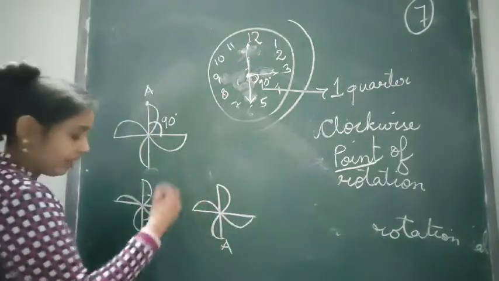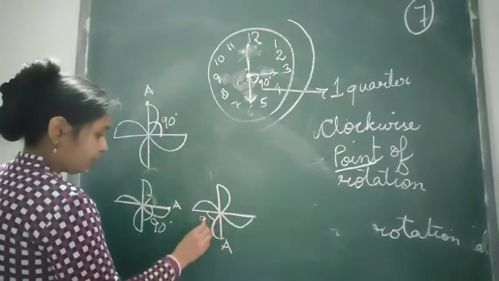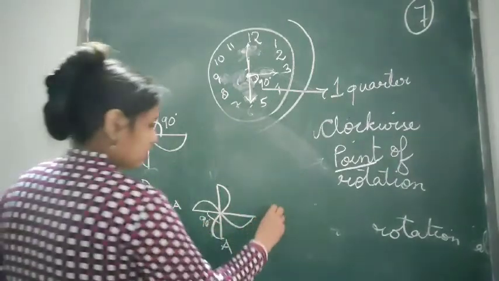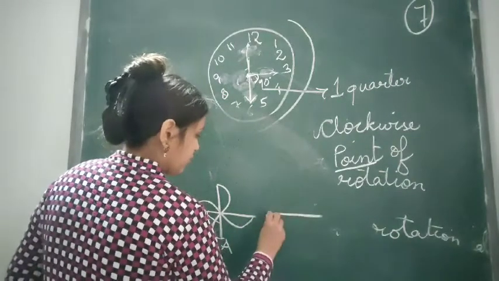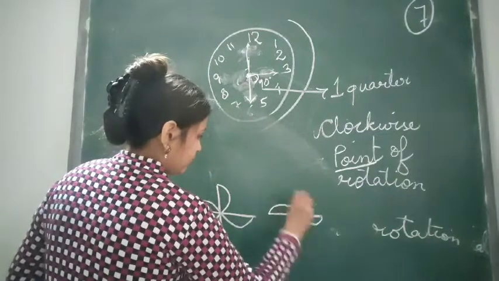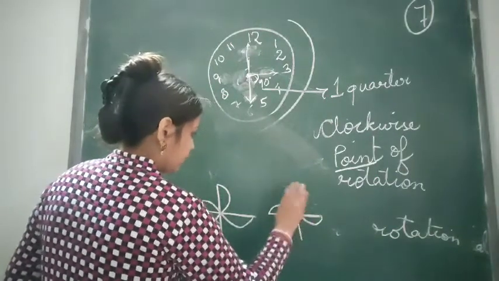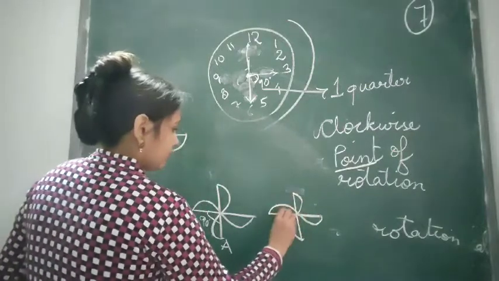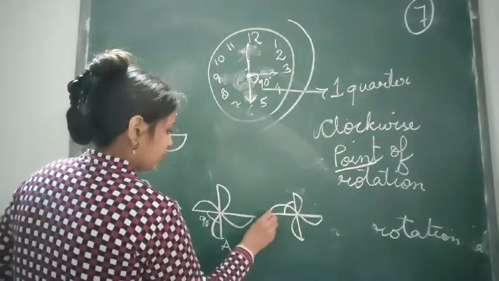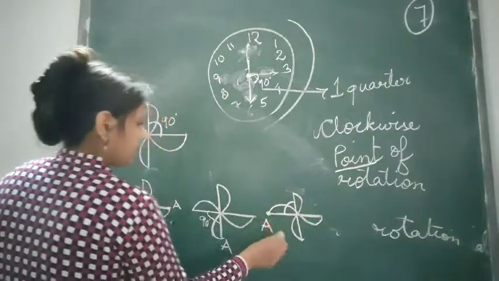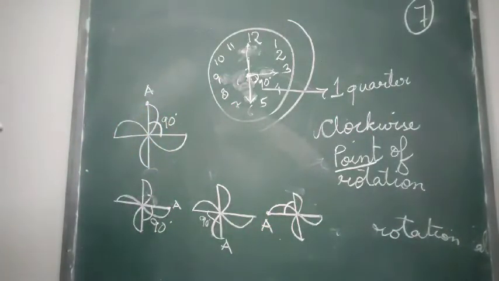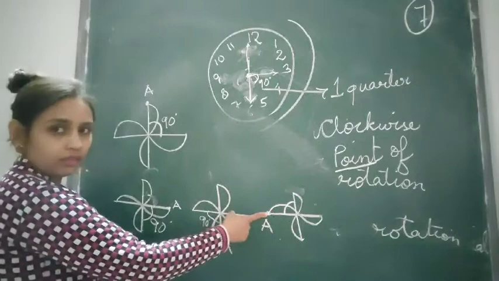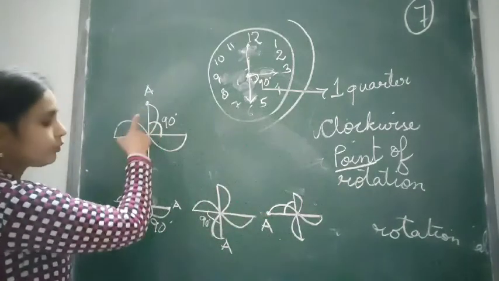Okay. Again, if you shift for one more quarter, then point A reaches here. Back to its place?